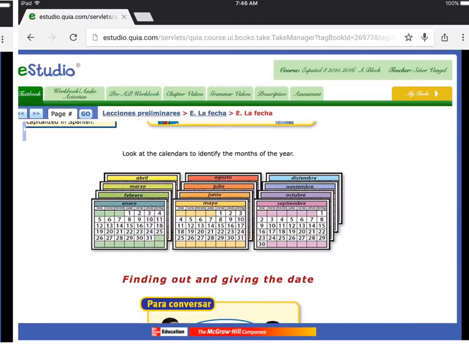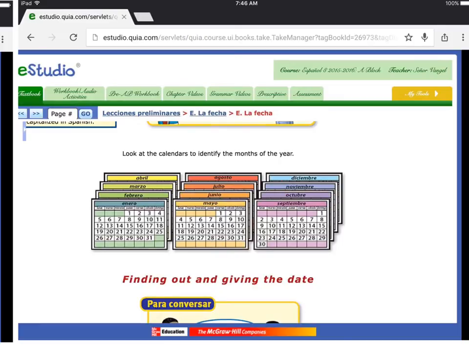So listen very carefully to the pronunciation and make sure that the spelling is perfecto. So we have enero, febrero, marzo, abril, mayo, junio, julio, agosto, septiembre, octubre, noviembre, and diciembre.